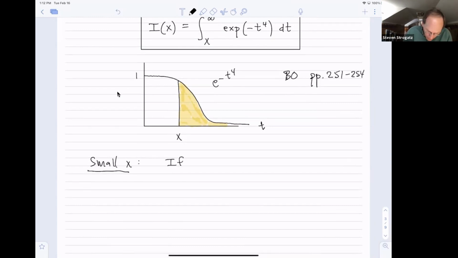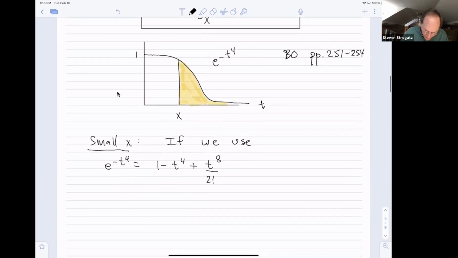So if we were to use the Maclaurin series expansion for e to the minus t to the fourth, that is, e to the minus t to the fourth is 1 minus t to the fourth plus t to the eighth over 2 factorial, right? Because I'm just reminding you that something like e to the u is 1 plus u plus u squared over 2 factorial plus u cubed over 3 factorial, et cetera. So we could keep going like this.